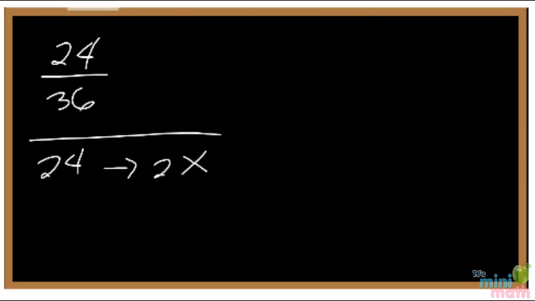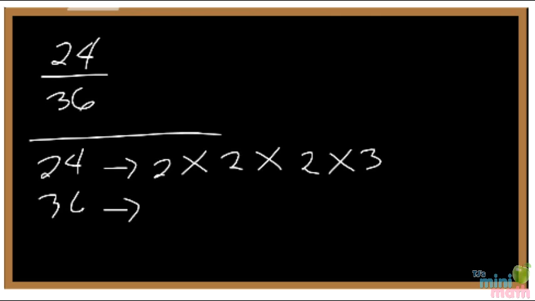Okay, so for bigger numbers like 24/36, we are going to get the GCF first of 24 and 36. So 24, if prime factorized, is equal to 2 times 2 times 2 times 3. Now 36, we have 2 times 2, okay, times 3 times 3.